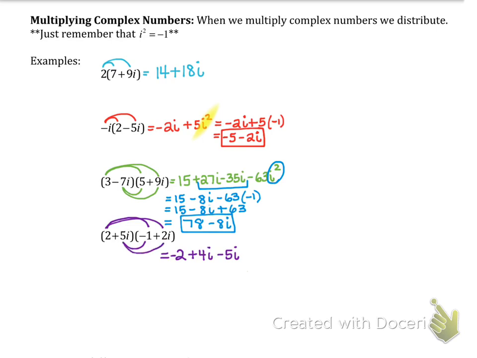And then 5i times 2i is plus 10i squared. So we get -4. I'm going to combine these two into minus i, and then I'm going to say plus 10 times -1, which once again, same beginning, but now we have minus 10. So my final answer is -12 minus i.